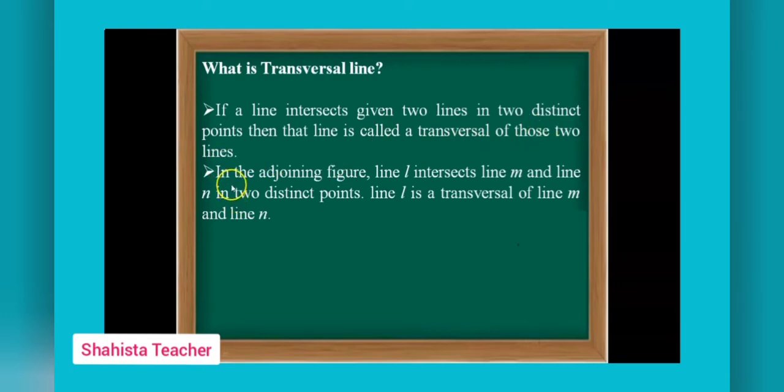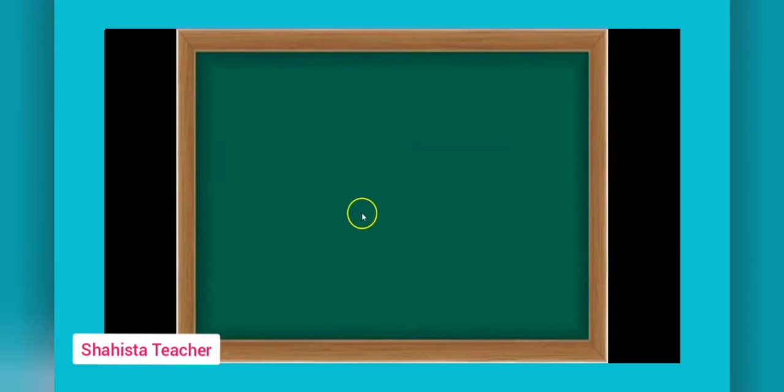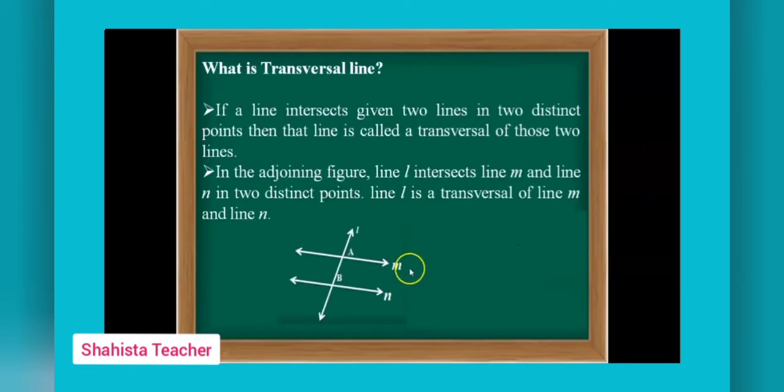See now one example in the adjoining figure. Here in the adjoining figure, see line L, line M and line N. Line M and line N both are parallel, but line L is intersecting line M and line N at two distinct points.